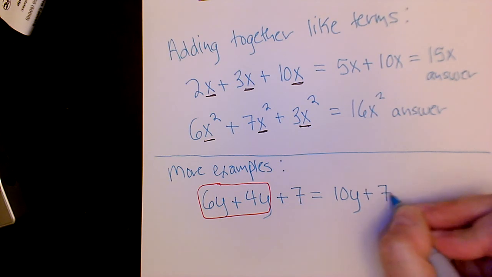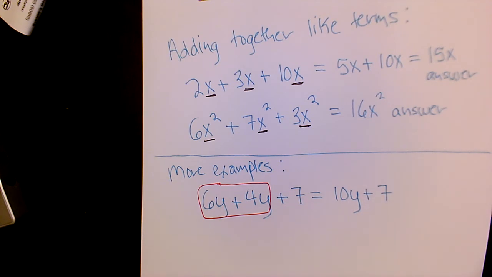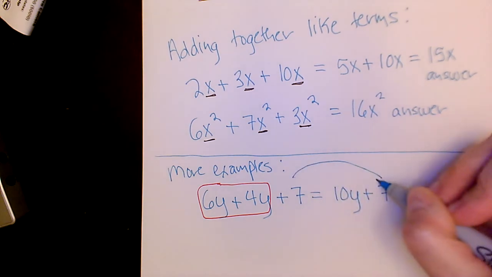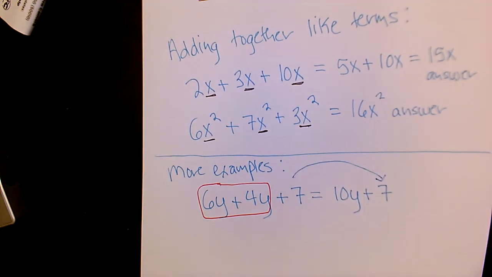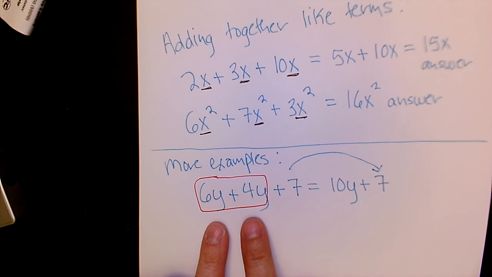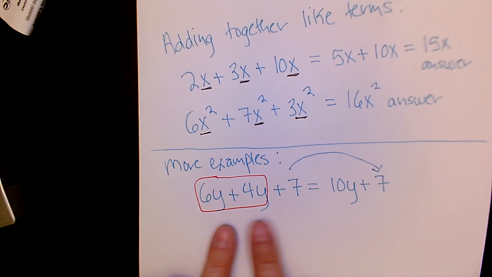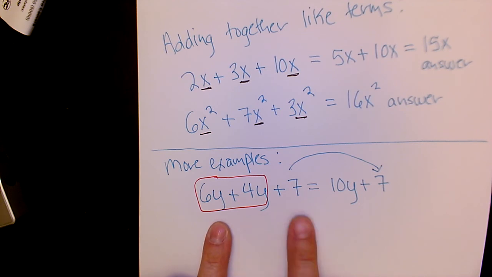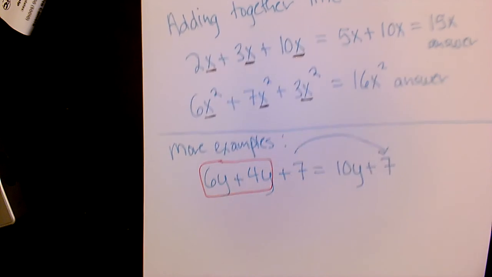And since 7 doesn't have another number to go with it, it just comes along. So if you want to, you can try boxing the like terms, so you'll know to put those together since they both have the y in common, and then tack on the 7.